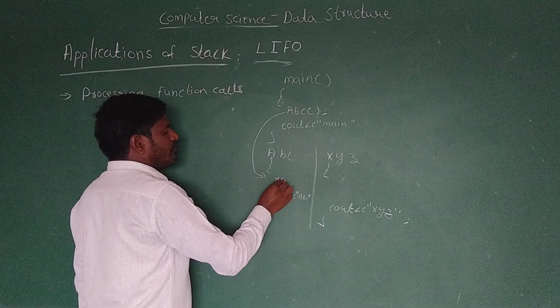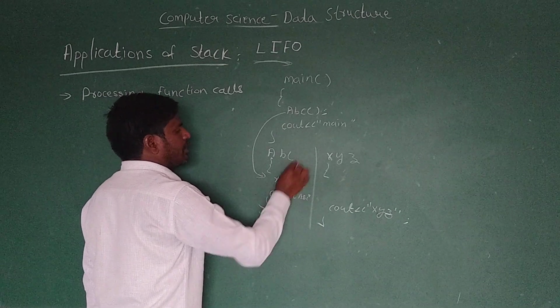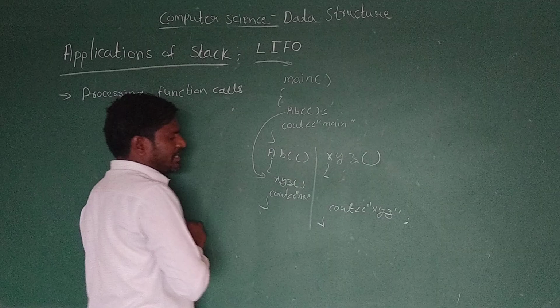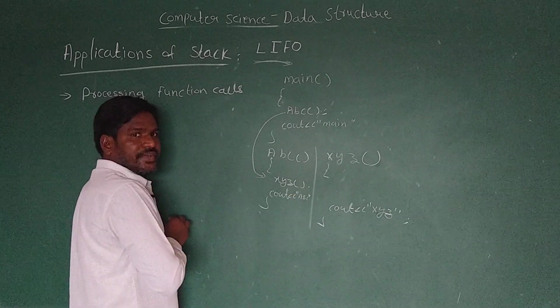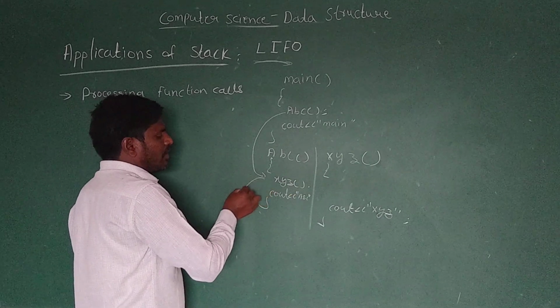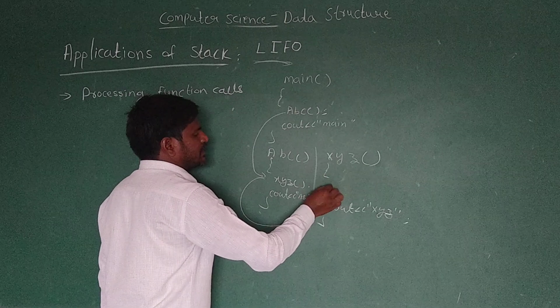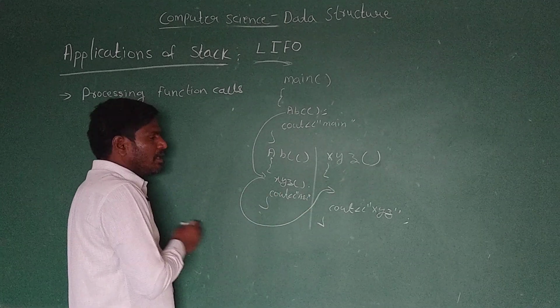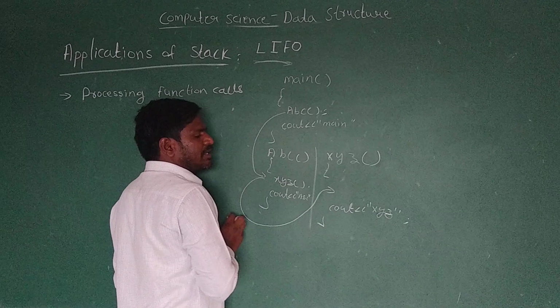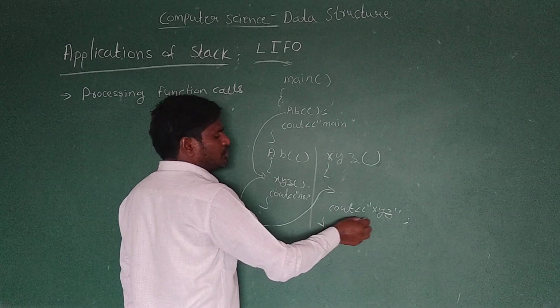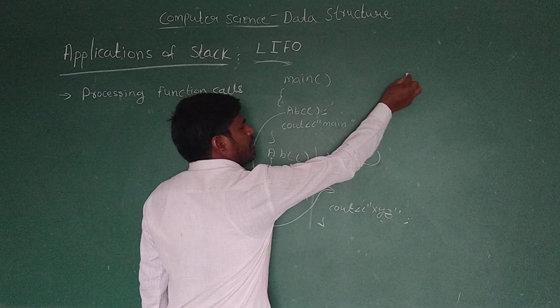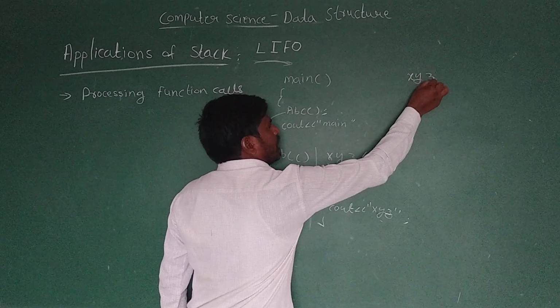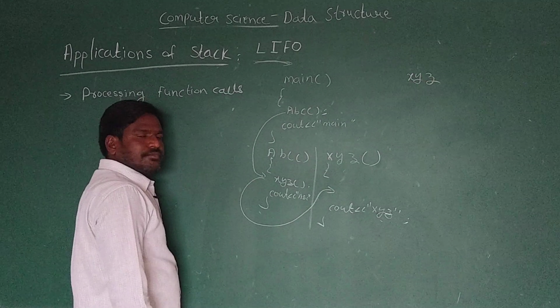But there is another function calling statement, XYZ. Now again the function call jumps to XYZ. In the function XYZ, there is an output statement, so we will display the output XYZ.